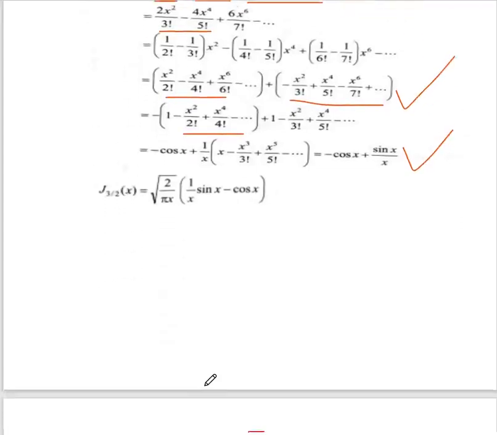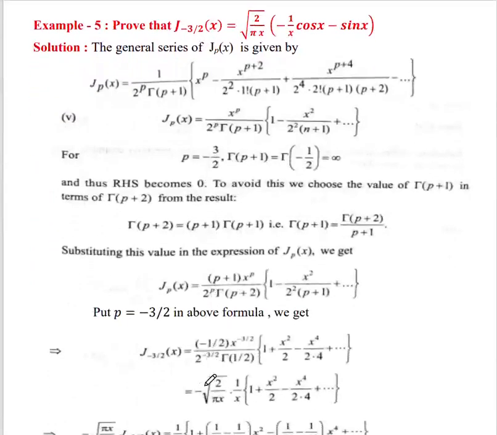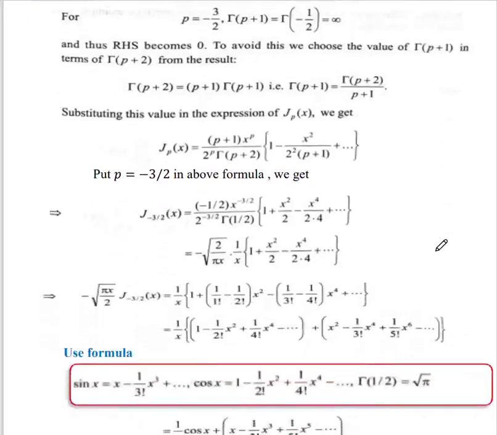Okay. So in this way we can prove the problem. Problem number 5. In similar manner we can show problem number 5 for p equal to minus 3 by 2. Okay.